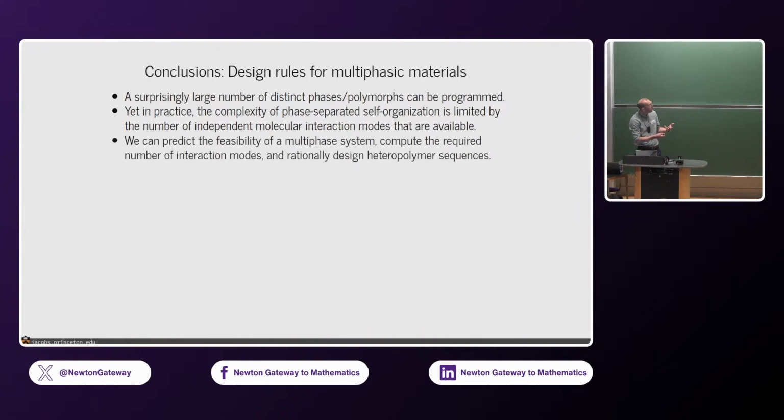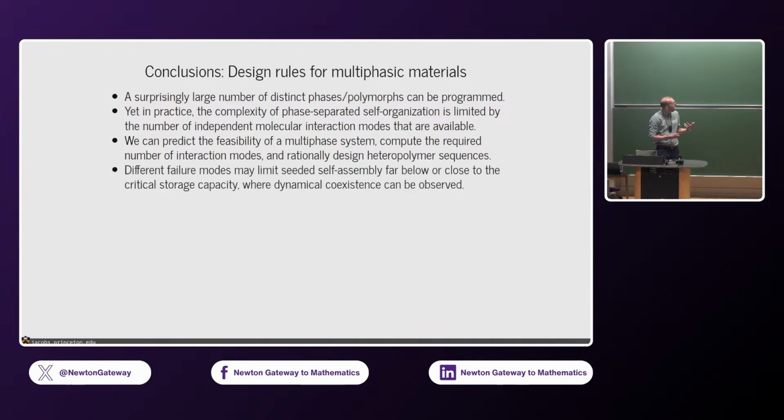Using inverse design techniques, we can predict the feasibility of a system, compute the required number of interaction modes to stabilize it, and use this for rational design processes. And we have the possibility of different failure modes when trying to retrieve particular encoded structures via nucleation and growth pathways.